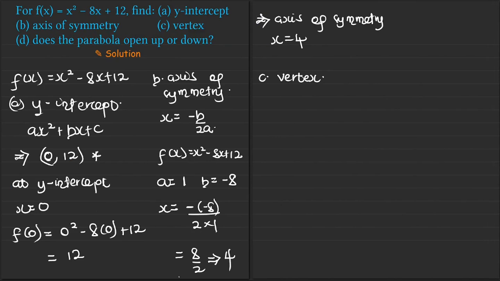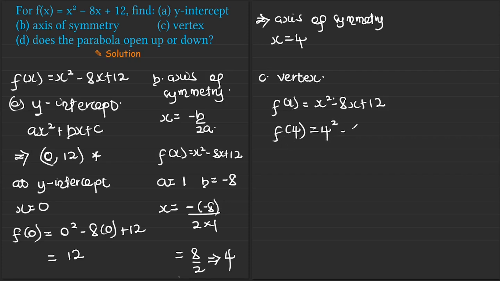So what do we mean by that? For the vertex, it simply means for our f of x, which is equal to x squared minus 8x plus 12, let's substitute what we have at the axis of symmetry. So let's substitute that so that we have f of 4. And f of 4 now gives us 4 squared.